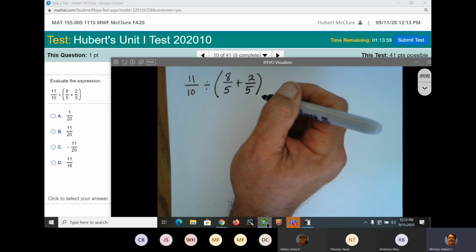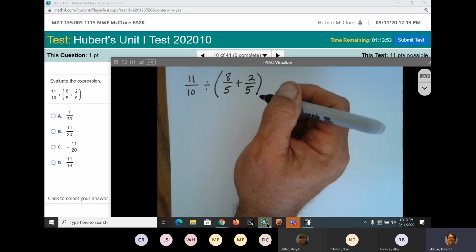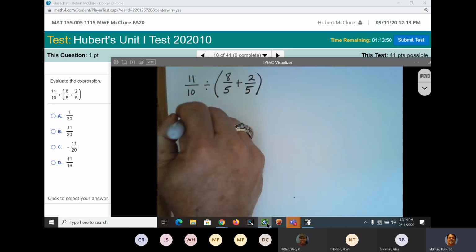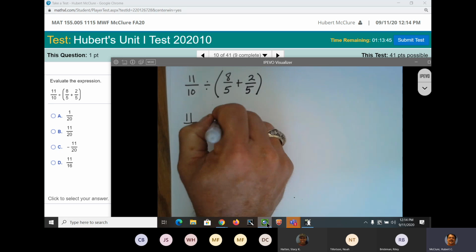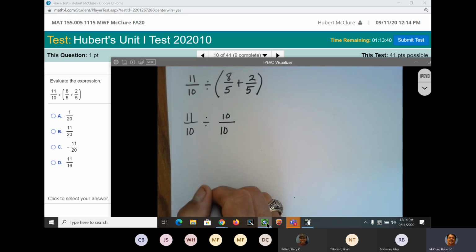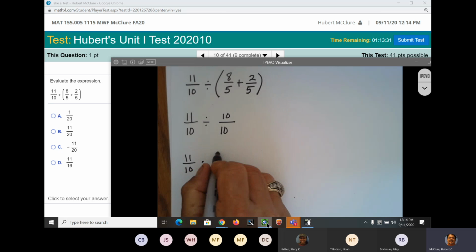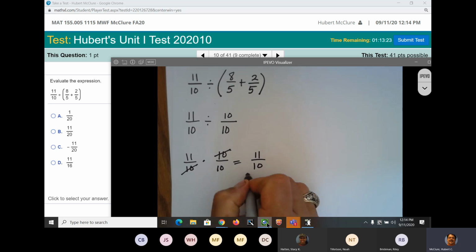Oh, 8 plus 2 is not 16, and 5 plus 5 is not 25. 11 over 10 divided by 10 over 10. I have no idea where I got 16 over 25. I must have been multiplying. 11 over 10 multiplied by 10 over 10. The 10s cancel, and you're left with 11 over 10.